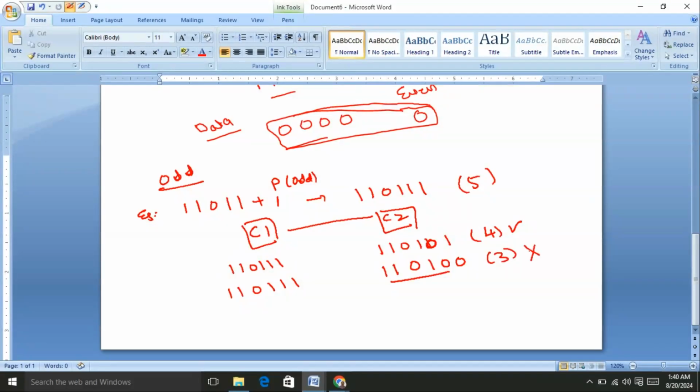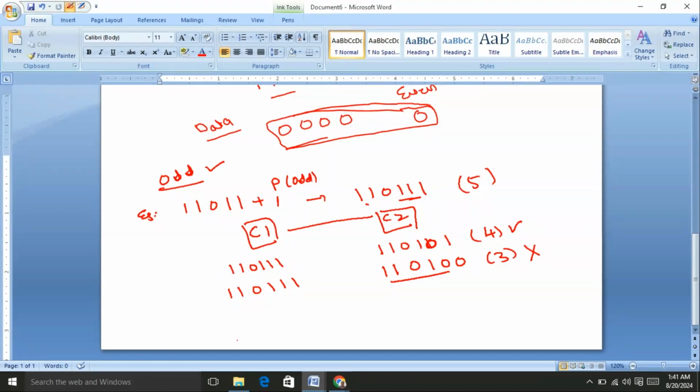So we are unable to identify the error, because we required 110111, the original data including the parity bit. Hence, we conclude that parity can only identify an odd number of bit changes within the information.